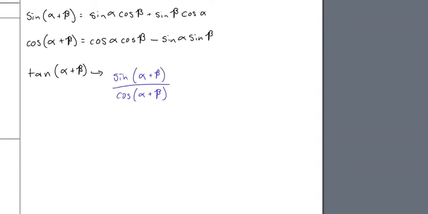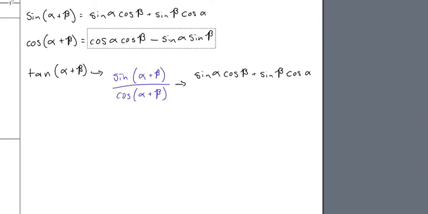And now let's break this into these pieces up above. So let me see if I can just cut and paste. All right, so that's going to be sine of alpha times cosine of beta plus sine of beta times cosine of alpha divided by, let's try that again, I suppose it would have been faster just to write it actually.